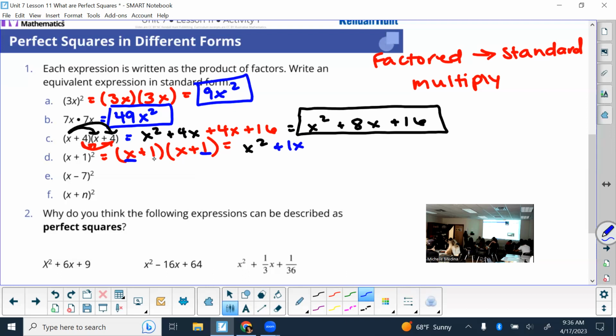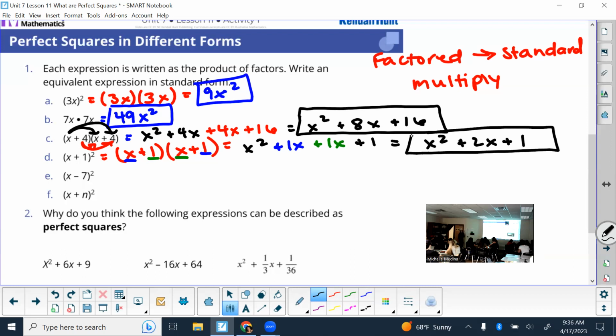And then inner terms would be this 1 times this x, we get. And then that last term, the 1 times 1 was 1. All right, combine like terms, table 7, what are my like terms in this one? And combine them, we get, so my final answer is x squared plus 2x plus 1.